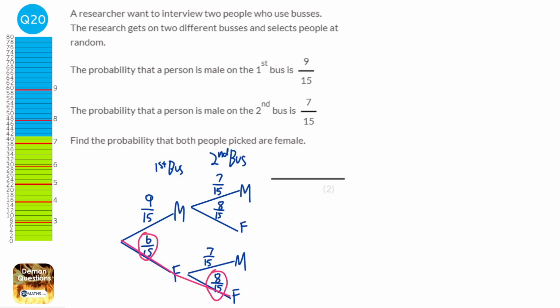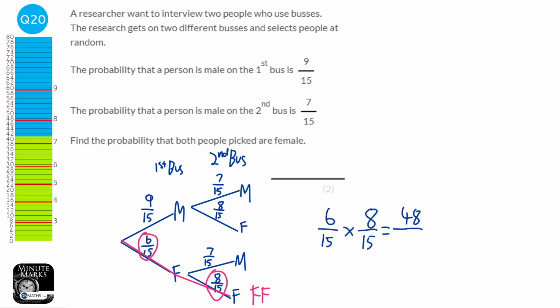The word "and" in probability means times. So whenever you're finding the probability of getting to an outcome, so this outcome would be FF, because they're both female, you are multiplying the fractions that you go across. So it would be 6 over 15 times 8 over 15. So 6 times 8 is 48.